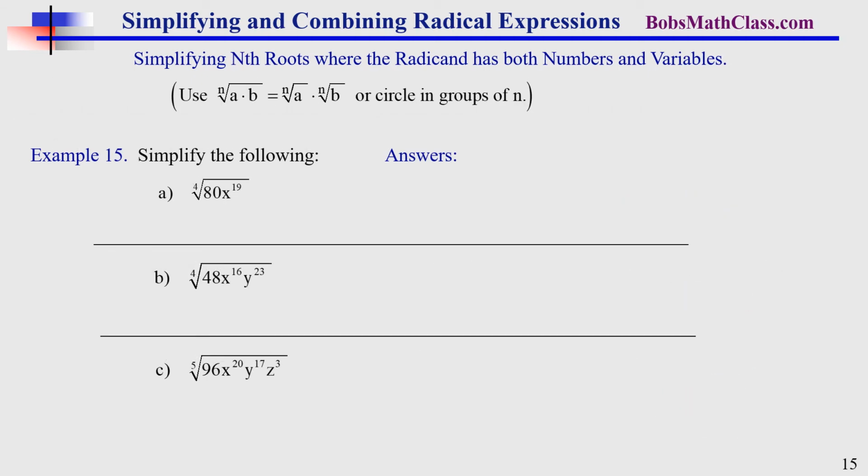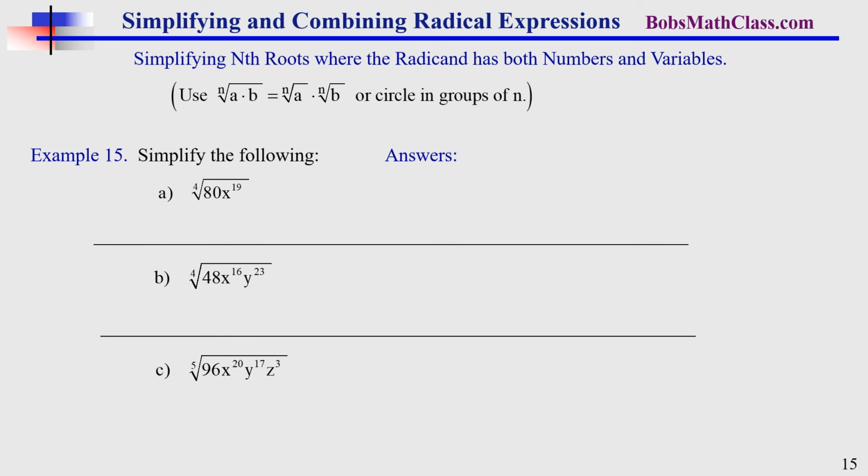Okay, in this example, we're talking about nth roots. In parts A and B, we're talking about fourth roots, and in part C, fifth roots. So we're still going to use the same methods. I think method 2 is easier to find the prime factorization, but you can still separate it into a product where one is a perfect nth root.